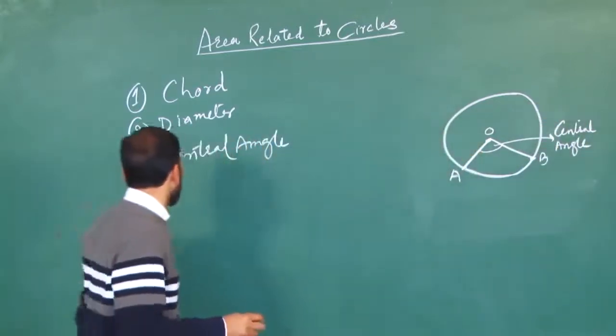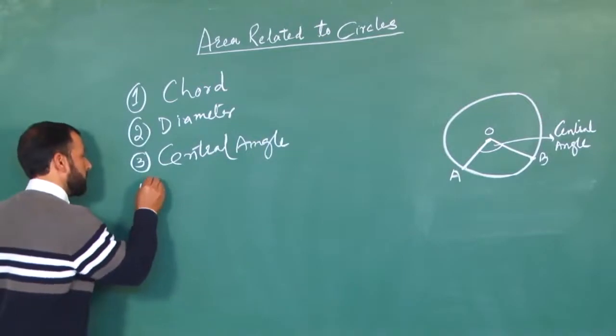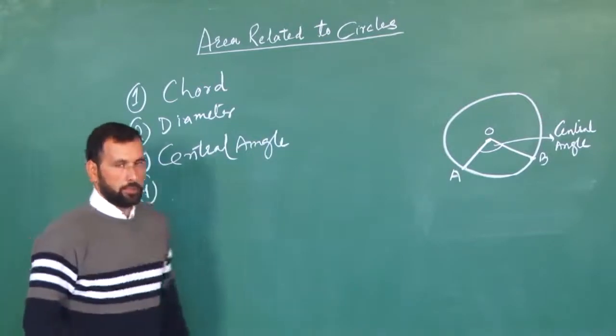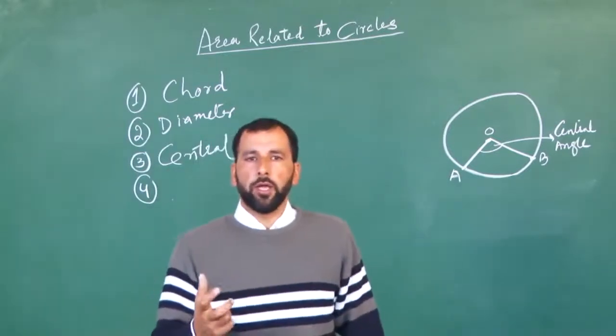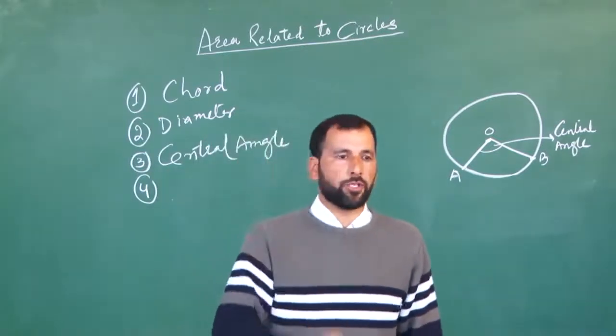Now the fourth point is the sector of a circle. We know that a sector is the region between two radii and the corresponding arc of a circle.